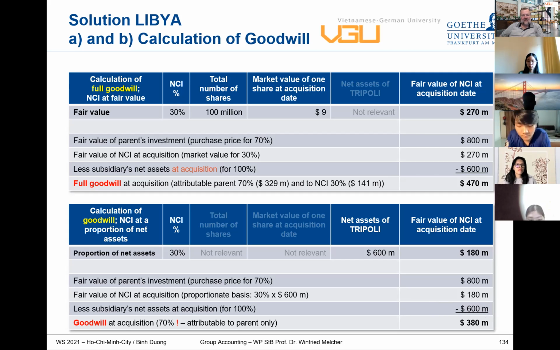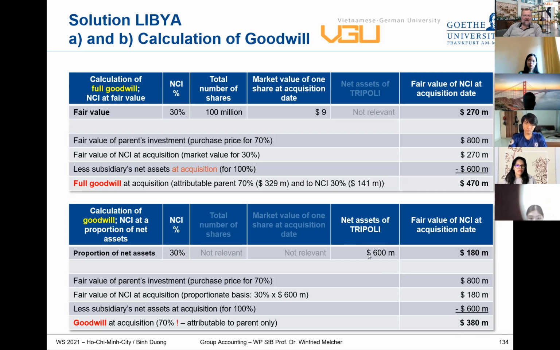So we will not use the adjective full to describe that goodwill, and that means the goodwill is calculated for the parent only. So that 380 will only be attributable to the parent, not to the NCI, because we don't have that number.